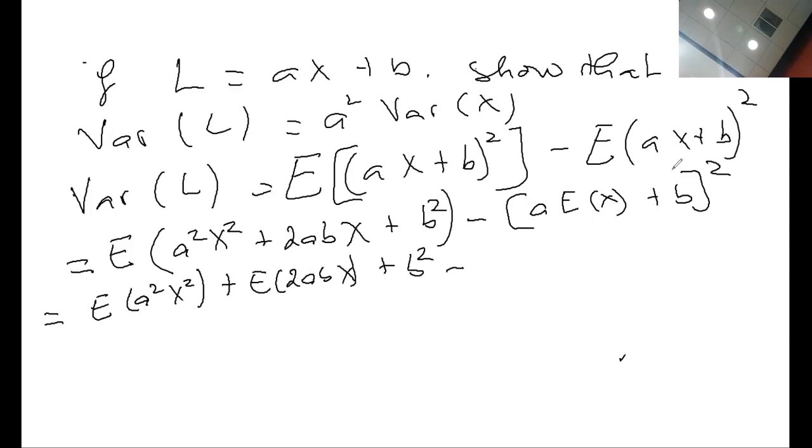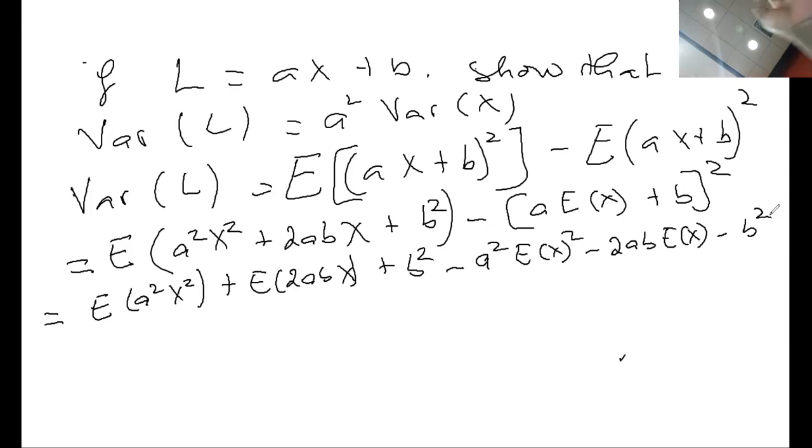It's essentially what we have done here. So it's going to be with the minus a squared E of x squared minus 2ab E of x minus b squared.